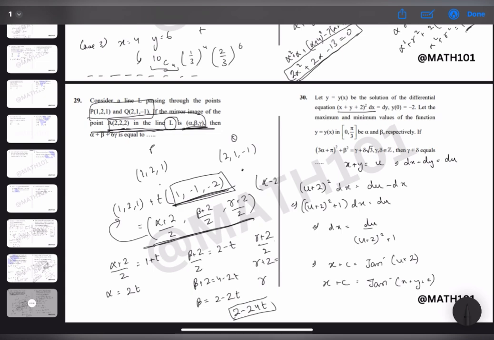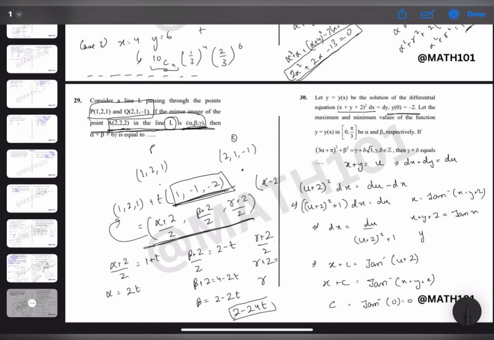To get the, so y0 is equal to minus 2. So at x equals 0 and y equals minus 2, we get c equals tan inverse of 0 minus 2 plus 2, which is 0. So substituting c equals 0, we get x equals tan inverse of (x plus y plus 2), which means x plus y plus 2 is equal to tan x.